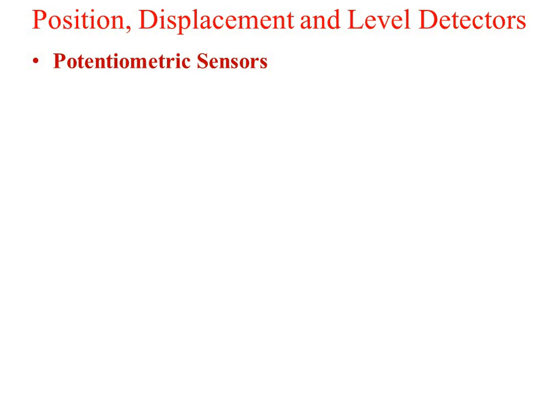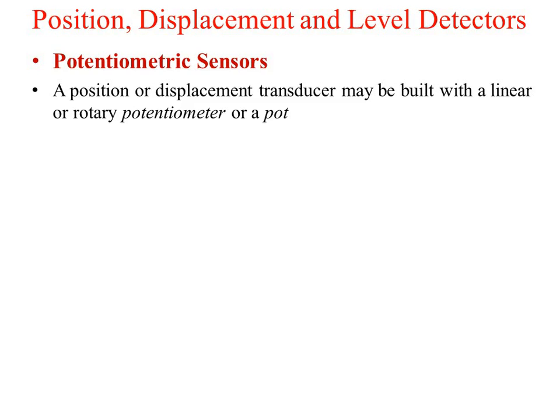So that is called a potentiometer. It is generally used as a position or displacement transducer, and it is known as a potentiometer, or most of the time it is also known as a pot. So you might have heard this word pot.